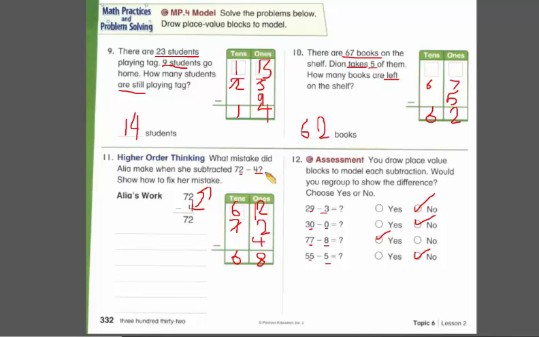So I can't subtract 4 from 2. I need to regroup. I will regroup 1 ten as 10 ones to get enough ones, so that I can subtract 4.